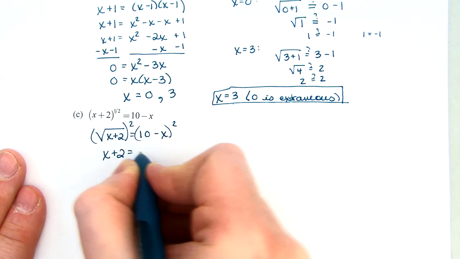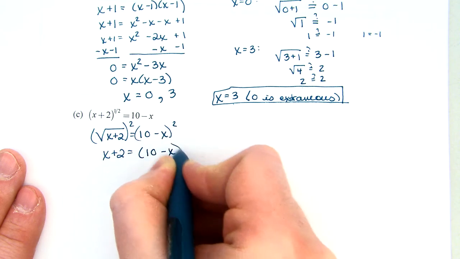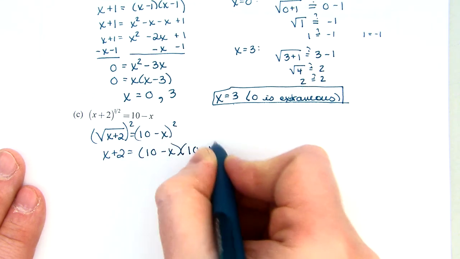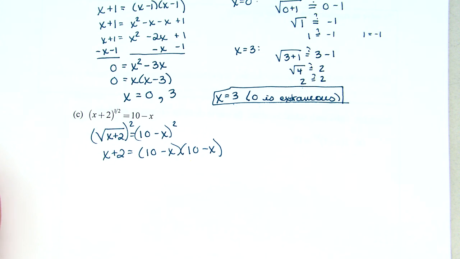So I hope you're saying like x plus 2 equals 10 minus x, 10 minus x. Foiling, making it equal 0.